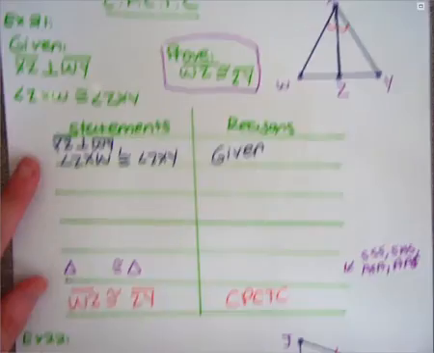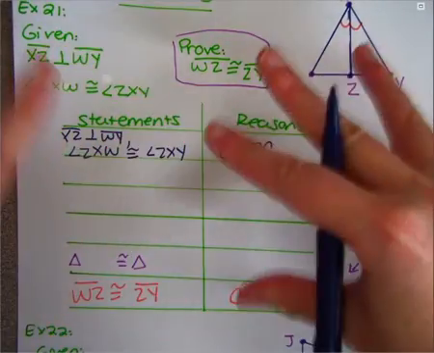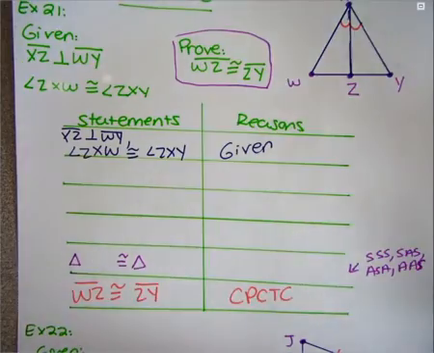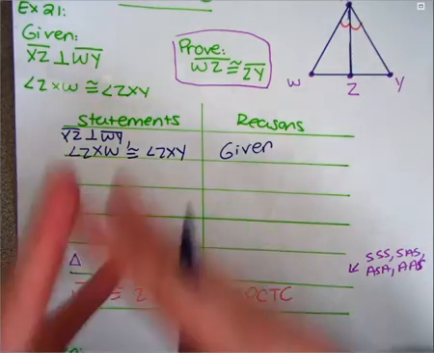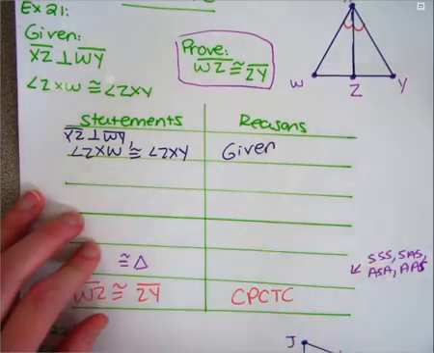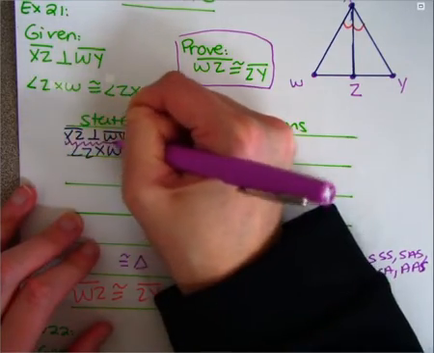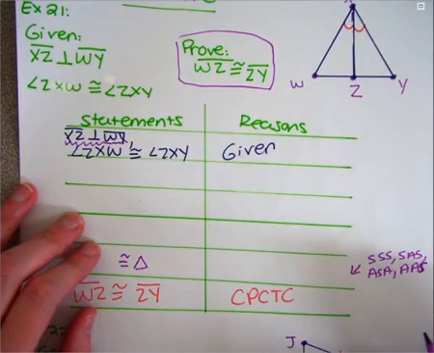Okay, so remember you guys, when we're doing these proofs, if you spot something in the given or previous statement, any key phrases that might help you, that is something you need to look at when you're doing your proof. Do you guys see anything in the given that might help us move on to our next thing? I see it too, you guys. It is the fact that they're perpendicular.